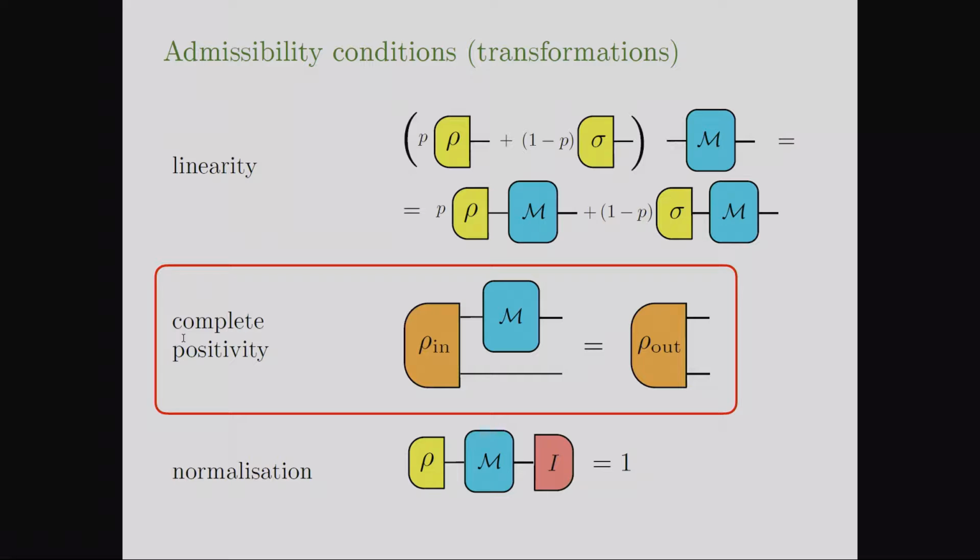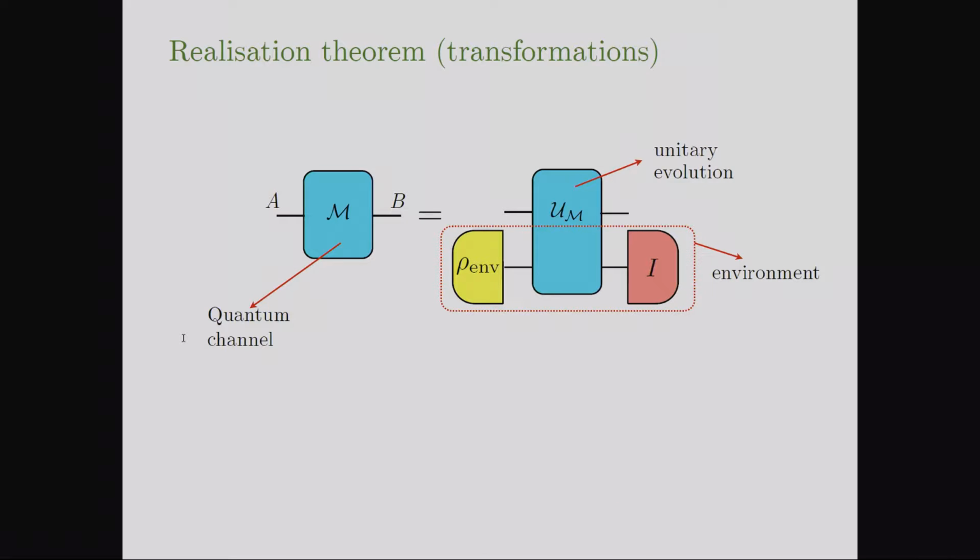And then you also need some normalization condition that tells you that you will not create probabilities higher than 1. Okay, just from these three physical assumptions, you can derive that the most general transformation that complies with this restriction, that preserves the structure of quantum theory, is a completely positive trace non-increasing map in the probabilistic case, or a trace preserving map in the deterministic case, or a quantum channel.